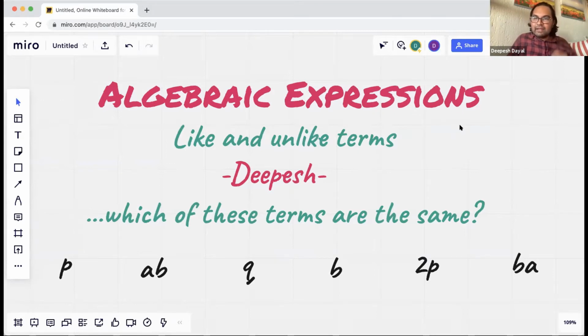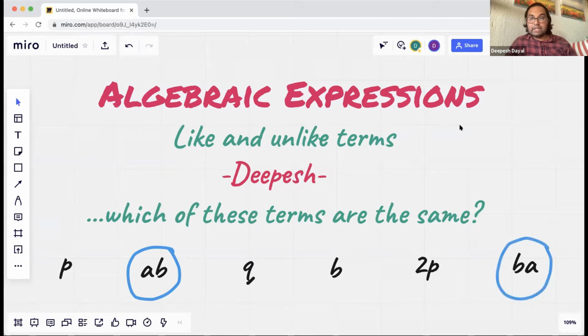A, B, and B, A, as you say, are the like terms. So we've got A, B, and B, A are like terms. Maybe the others can also check and see after A, B, and B, A, which other terms are the same.